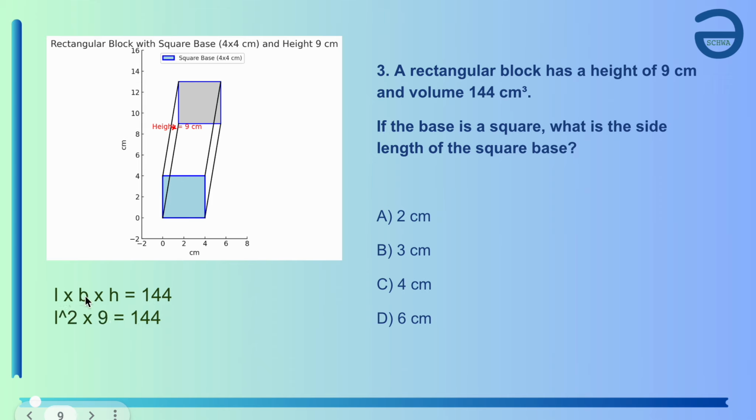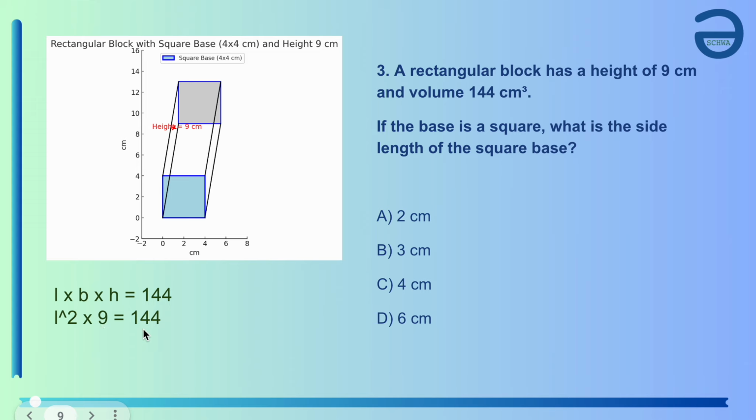So the length and breadth are equal because we've got this here, the base, which is a square. So L and B are equal. So L and L is what we can say about it, which is basically L square. So this is L square, and into 9, which is the height. So I just took it here. That gives 144.